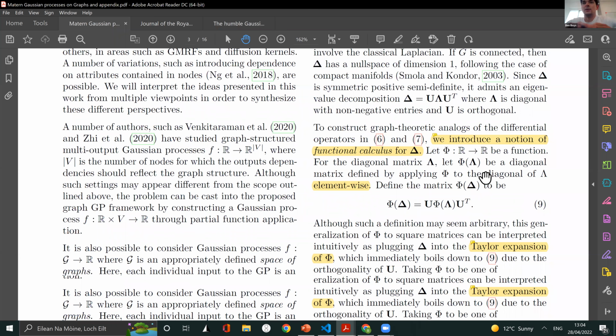If you want to go into the details of the maths, I'd recommend going to the parent paper, Matern Gaussian Processes on Manifolds, which explains it in more detail.